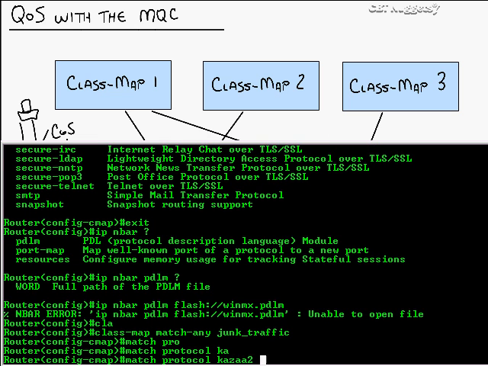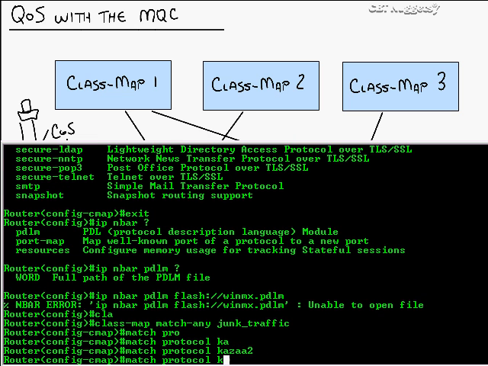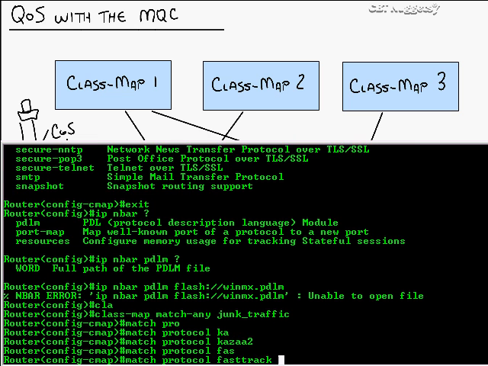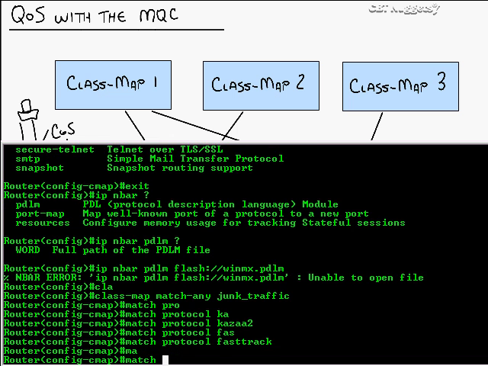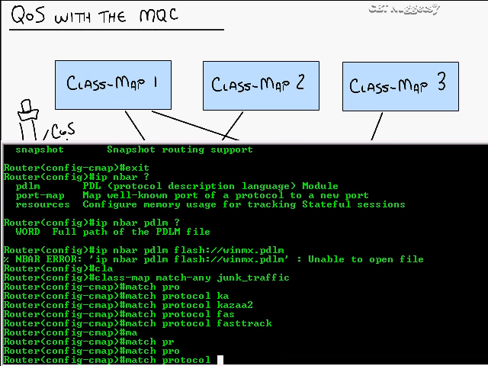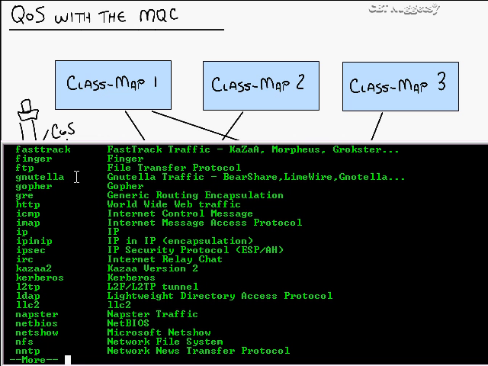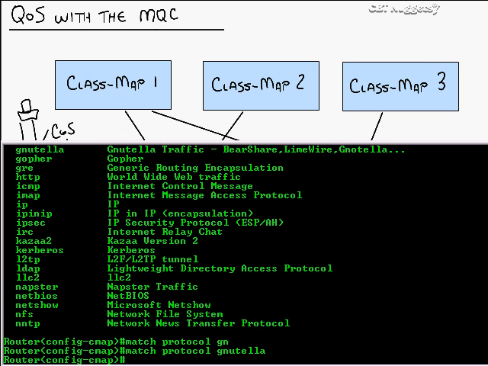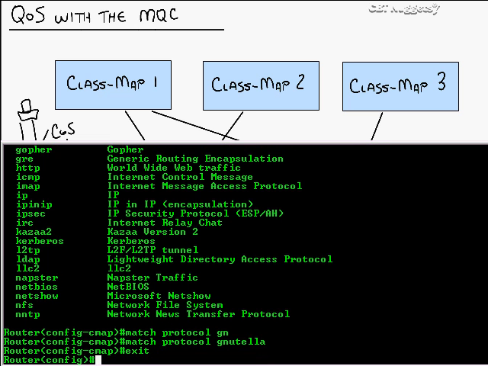I'll do Kazaa version 2. I'll do match protocol fast track. That was the other one. Match protocol, and I'll add one more to that list. Protocol, and it was Gnutella. That matches pretty much all the P2P programs that are out there. So at that point, I have matched those protocols.